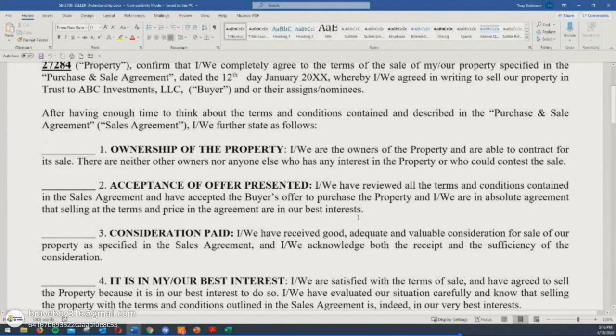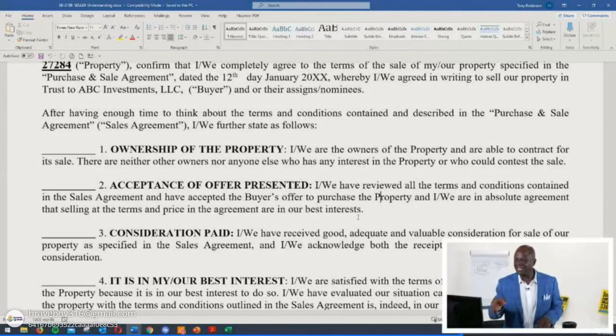Don't let anybody just take and line through and think they'll sign off at the bottom. They initial every single one. Listen to me. Every single one, they initial. And what it says at the top one, ownership of the property, it says, we are the owners of the property and are able to contract for its sale.